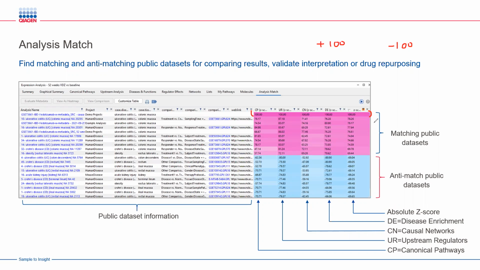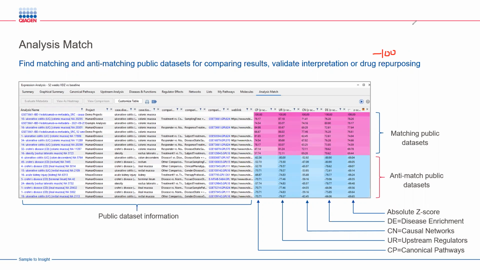So your own data set will have a perfect match with your own data, which makes obvious sense. So all your pathways, regulators, networks, they all have exact 100% match with each other. Similarly, a negative 100 would basically, ideally speaking, be a perfect data set that has a perfect opposite match to your data set.